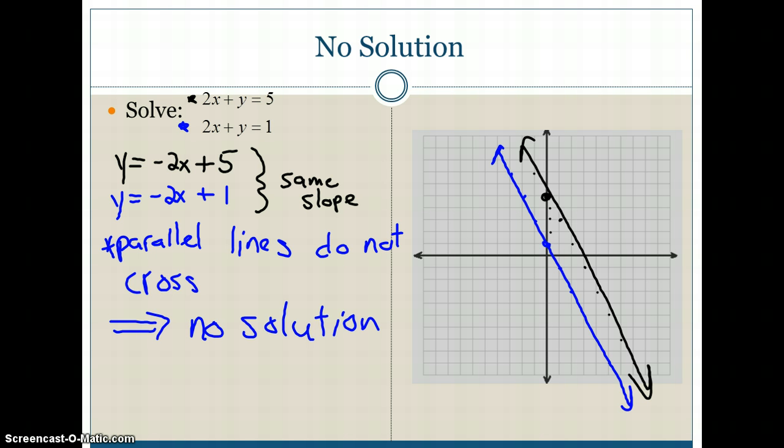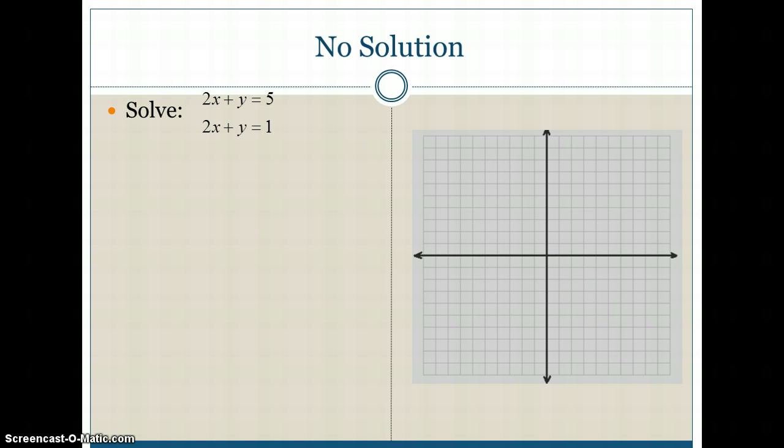If we were to solve this by hand, let's go through that way. Again, this first one, y is equal to negative 2x plus 5. Let's use substitution into the second equation here. So I have 2x plus negative 2x plus 5, and that's supposed to equal 1.